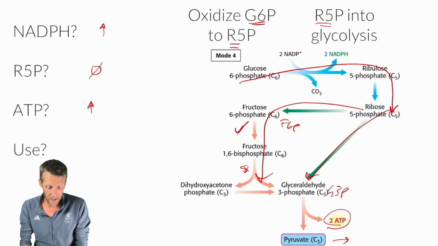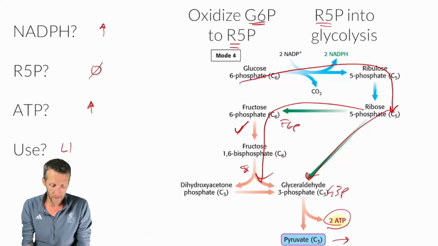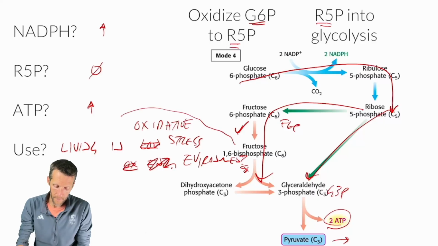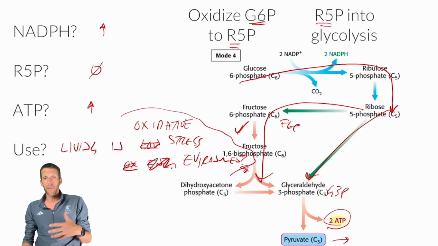This might be another sort of growth scenario, right? This is sort of living in, say, an oxidative stress environment. And this actually is an example of the sort of thing that a cancer cell might be doing, right?